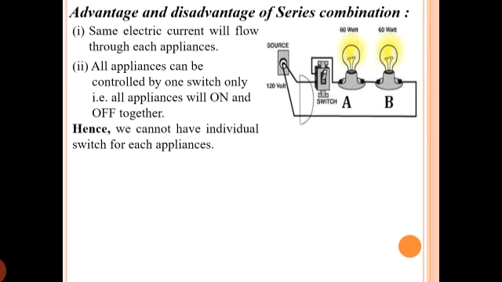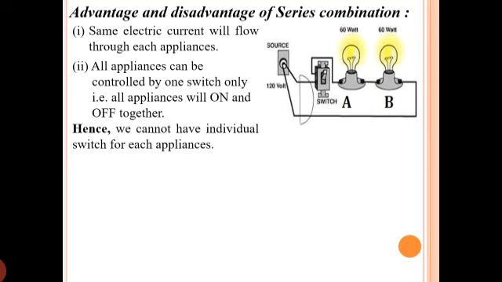So even if we switch on the other bulb, it will not work. So in series combination we cannot have one switch for each appliance, that is not possible. All the appliances in a series will be controlled by just one switch, switched on at a time and switched off at a time.